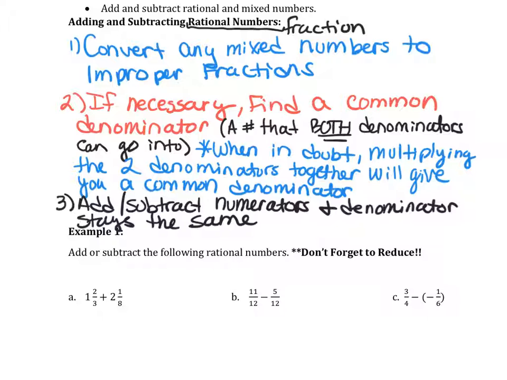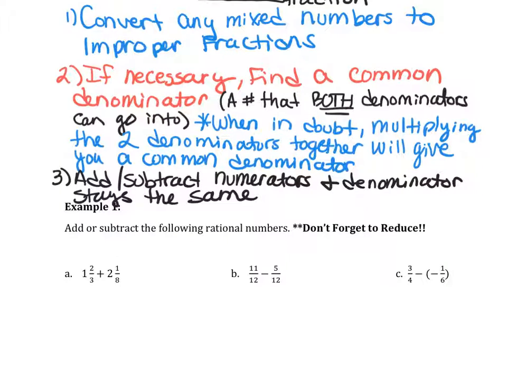So this is where it's different than with multiplication and division. With both of those, we multiplied straight across the numerator and the denominator. We did the operation in both. With adding and subtracting, you only do that in the numerator, and the denominator just carries over. The denominator stays the same.